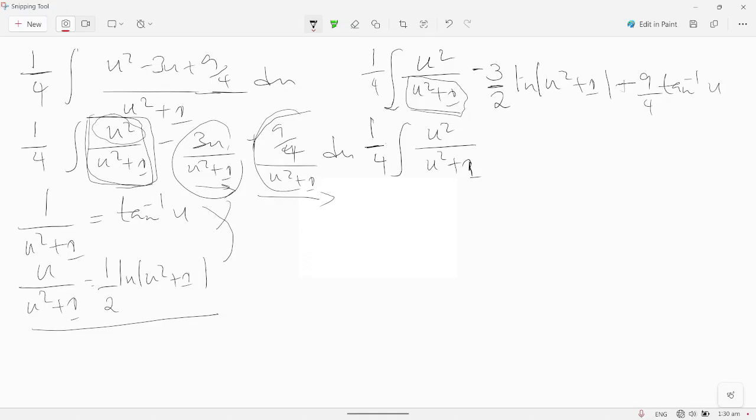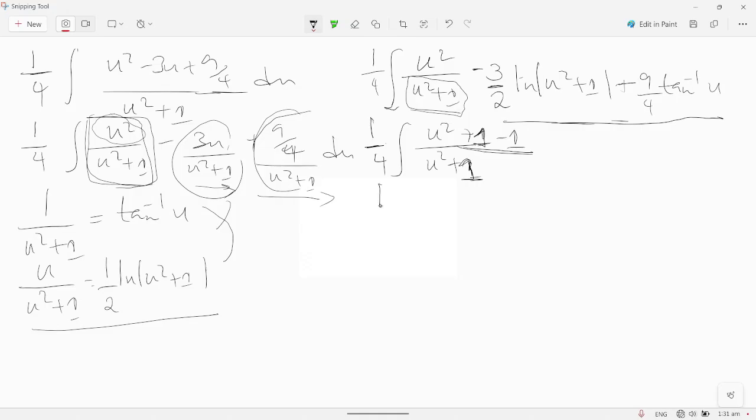This part we will just leave, since we already integrated it. So we just focus on this part, which still remains for integrating. Since the denominator is u squared plus 1, you can say u squared plus 1 minus 1. In which case, plus 1 minus 1 is just 0. So it's like we have introduced something, but it's equivalent to 0.